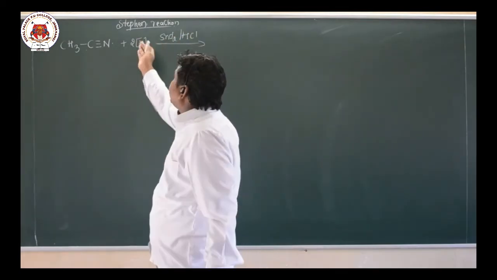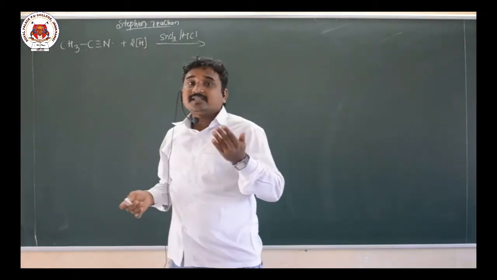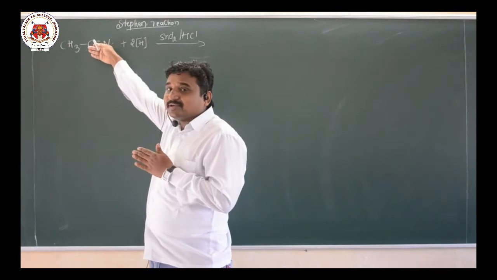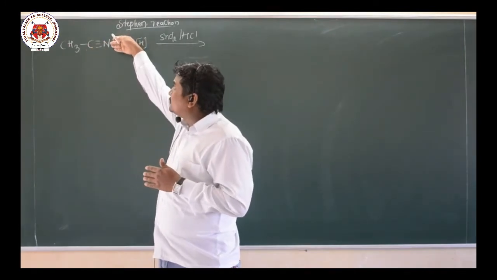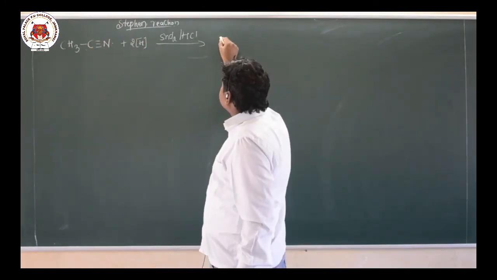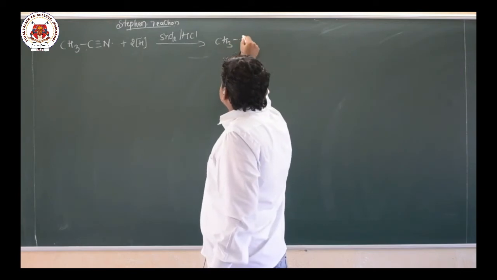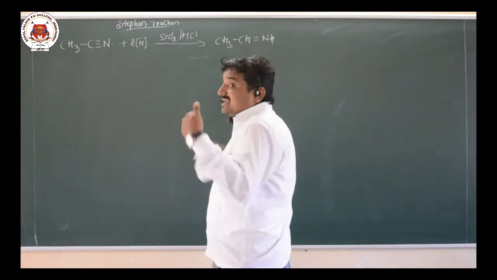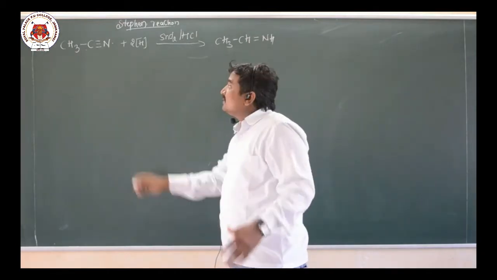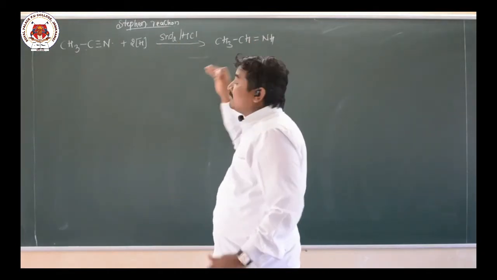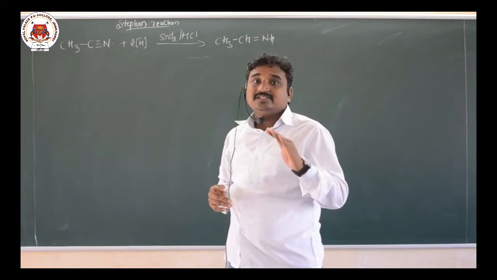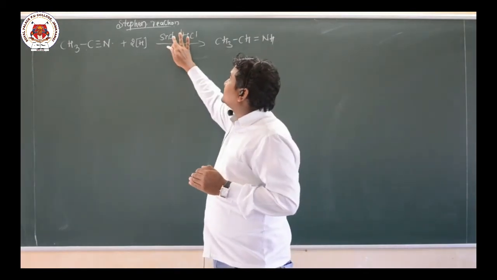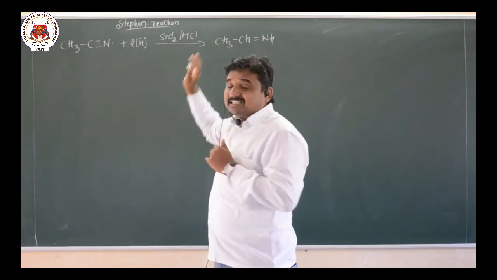Addition of hydrogen takes place across the triple bond: one hydrogen adds to the carbon side and another hydrogen adds to the nitrogen side, so it becomes CH3CH double bond NH. The triple bond is reduced to a double bond by the addition of hydrogen. This is a reduction, in the presence of stannous chloride in HCl.